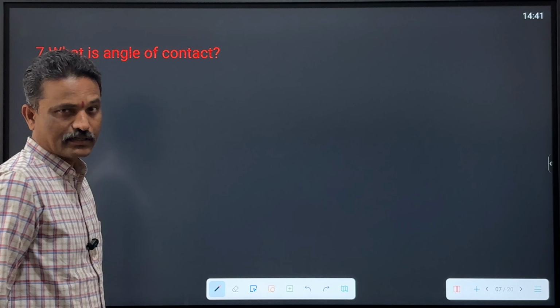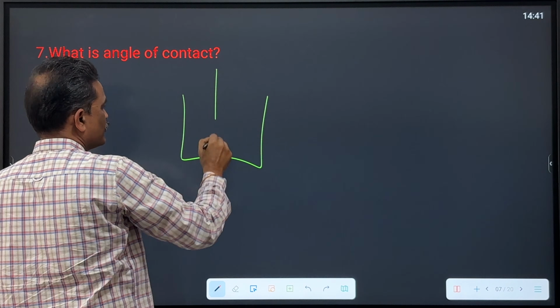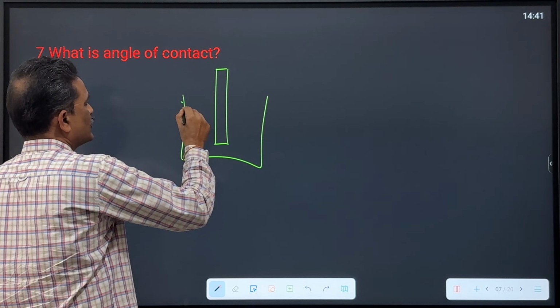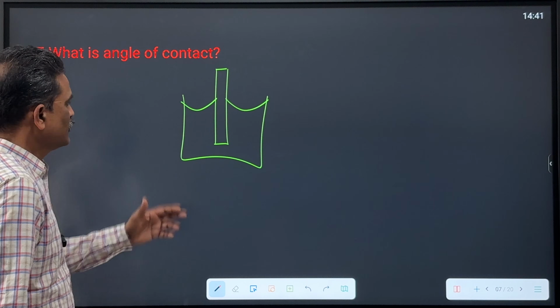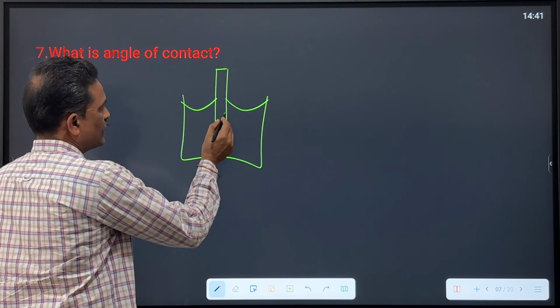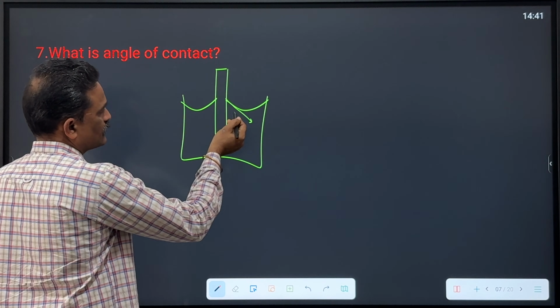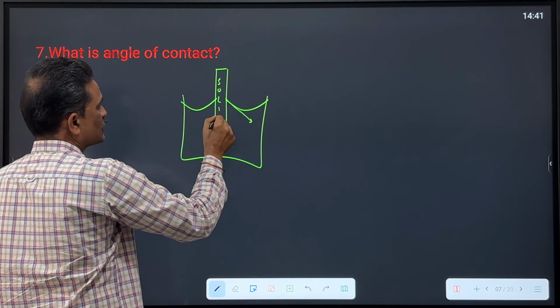What is angle of contact? For example, you take a beaker of water and you dip one solid substance, let us say a glass rod. The water surface, this is called meniscus, will be a concave surface. Now, how do I measure the angle between the water surface and the solid, that is the glass?